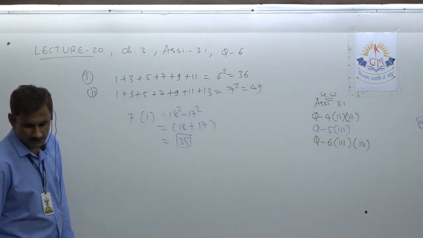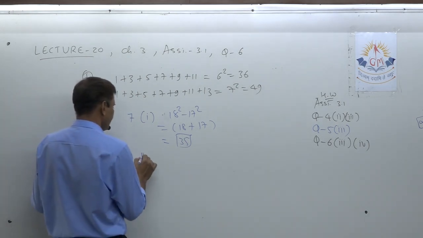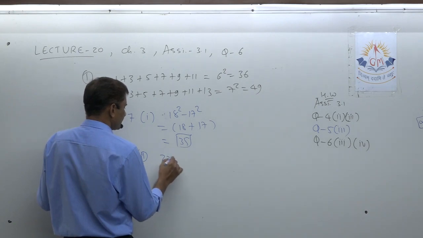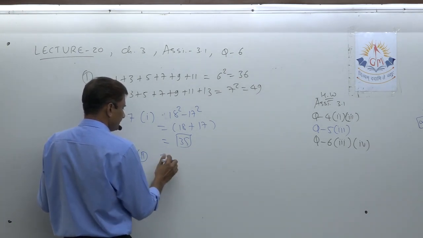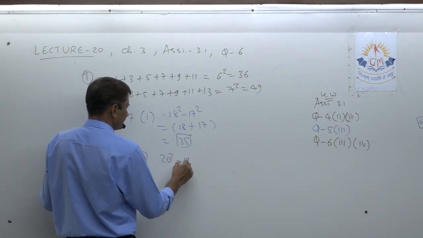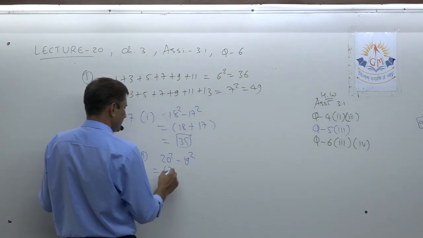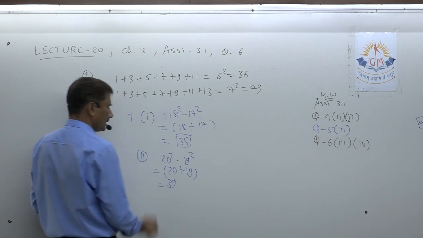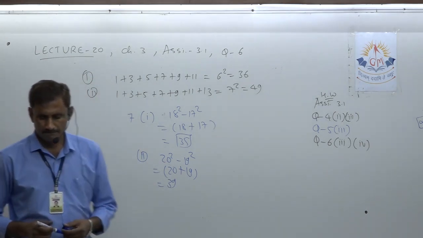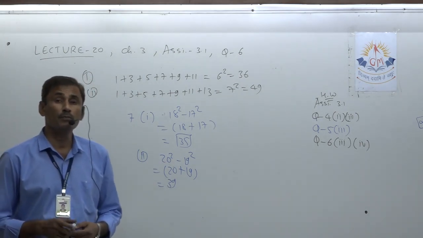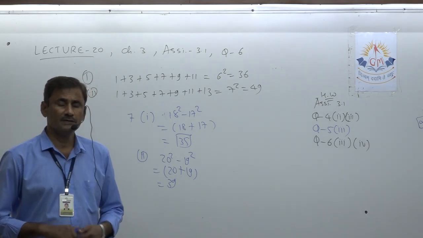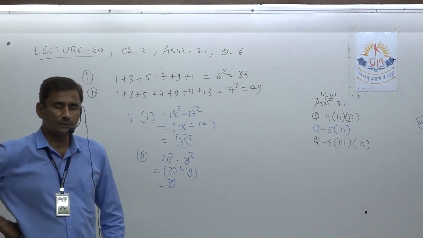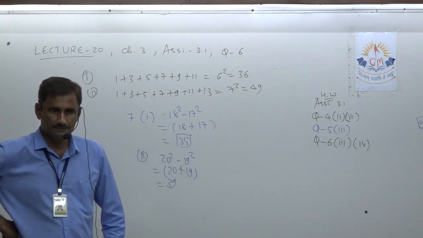Second one, 20, 19. 20 square minus 19 square. So add 20 and 19. So 39. Okay, just add both bases whenever the difference of squares of two consecutive numbers is there.